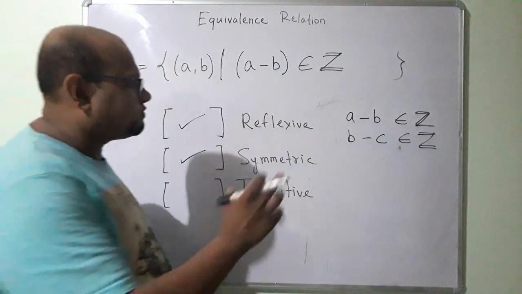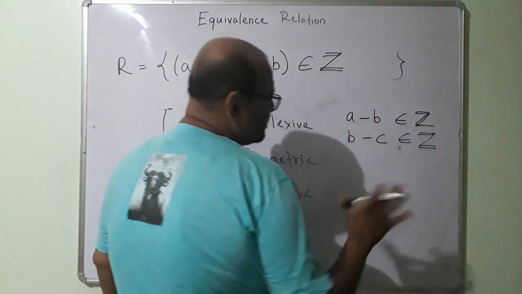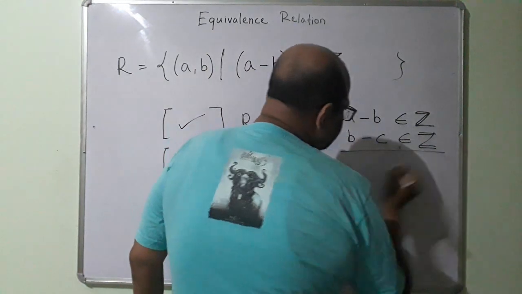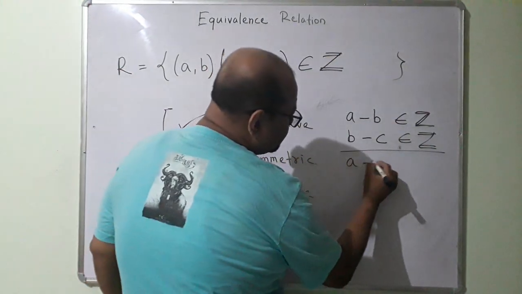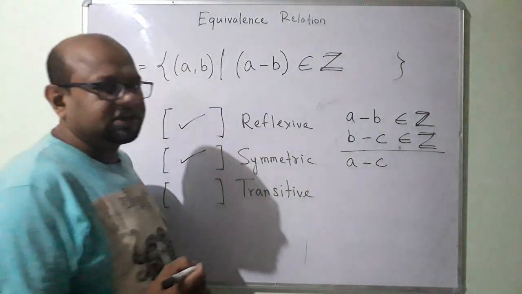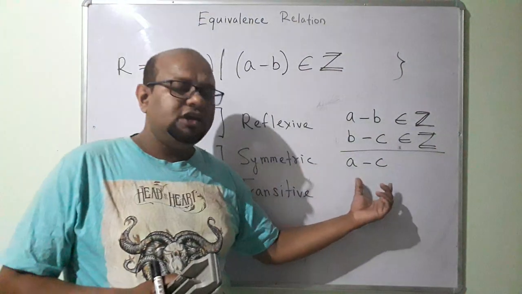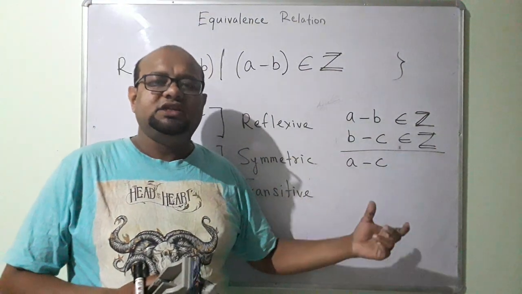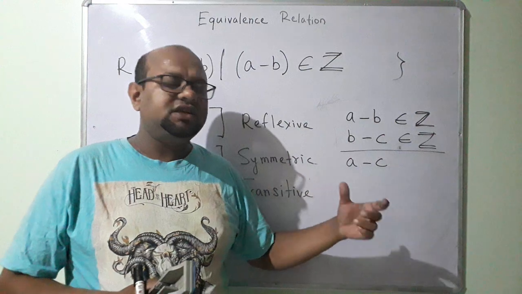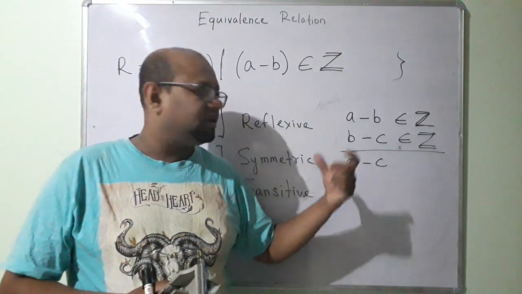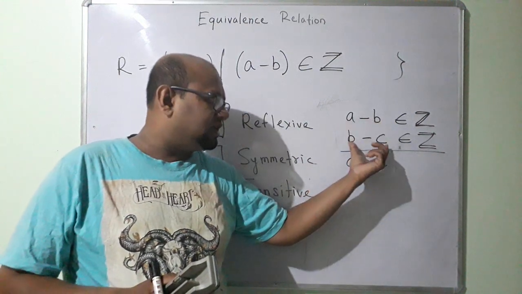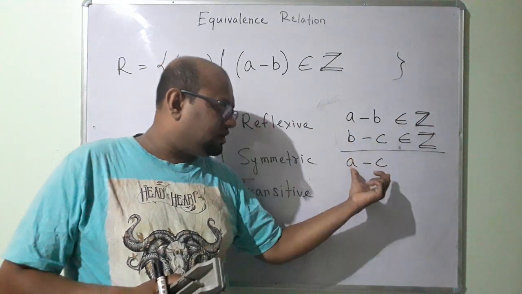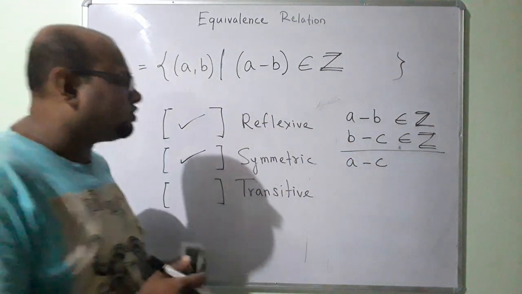Being transitive means A minus C should also be an integer, so that AC belongs to the relation. The question is, does AC belong to the relation?